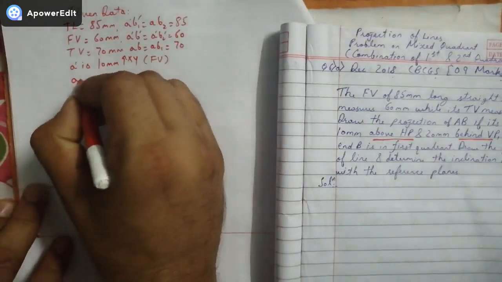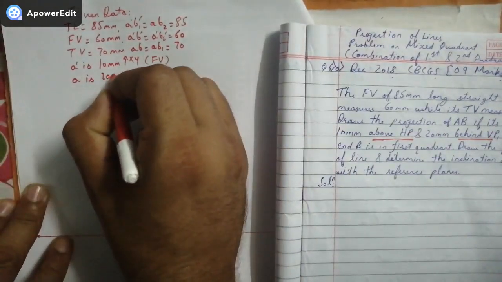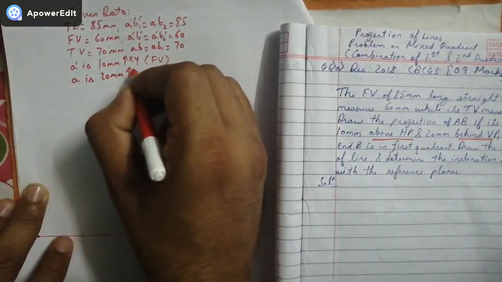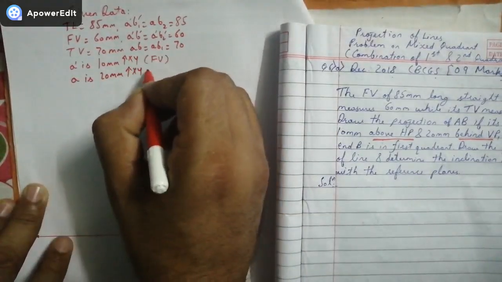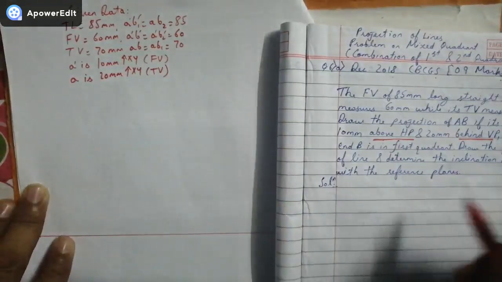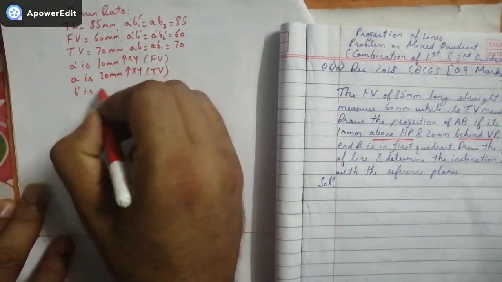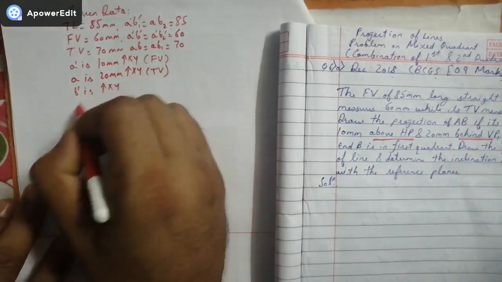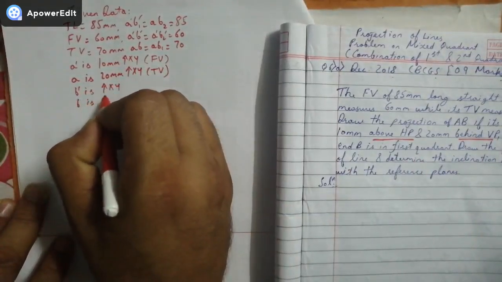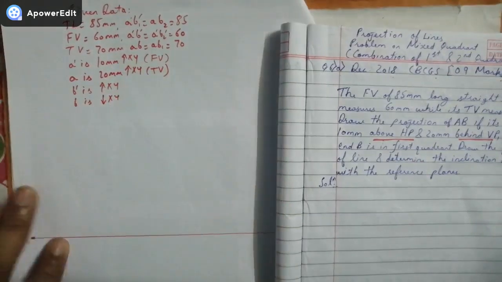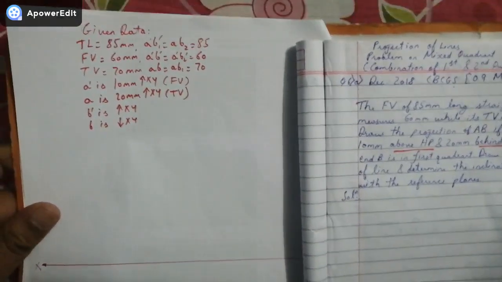And behind VP means it is also above the XY line. A is 20 mm behind VP, that is above XY, that is the top view. While its end B is in the first quadrant. That means B dash is above XY, B is below XY. So this was all about the given data.